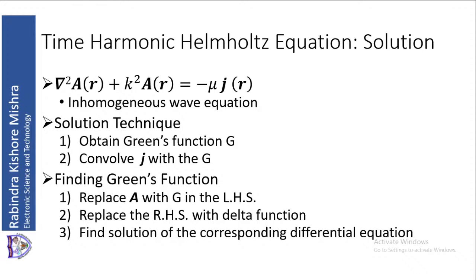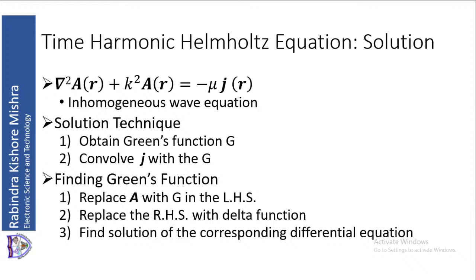At the source it is not 0, everywhere else it is 0, which means we can say that J(R) is a function which is 0 everywhere except at R is equal to 0. That means J(R) can be represented as a Dirac delta function. So the right hand side can be a Dirac delta function.